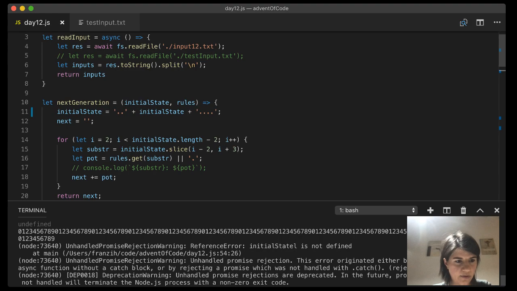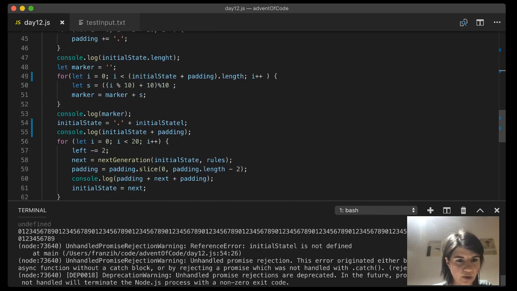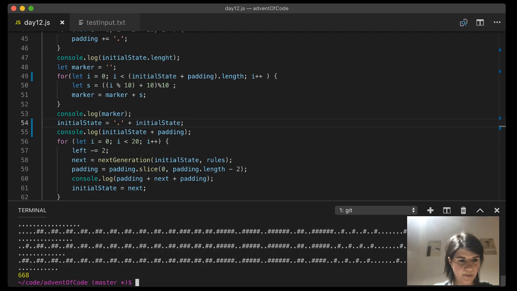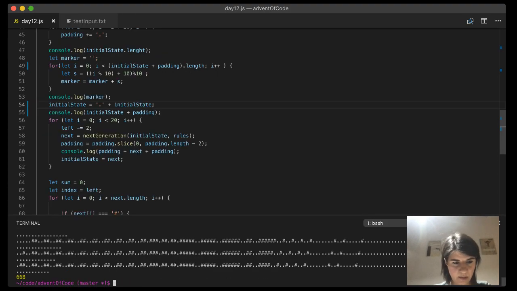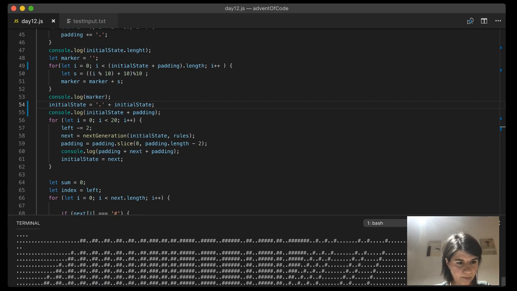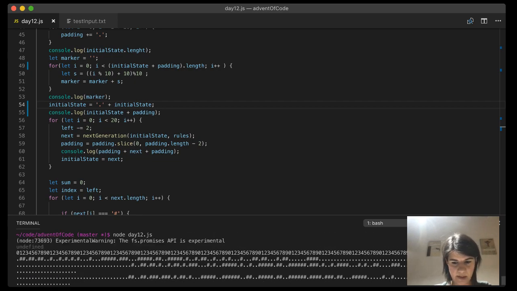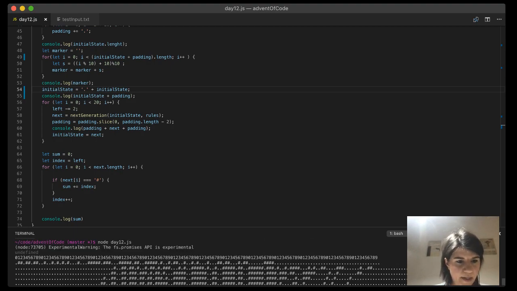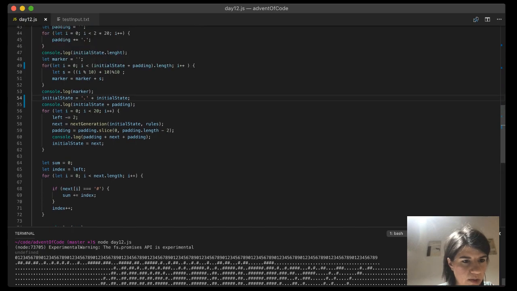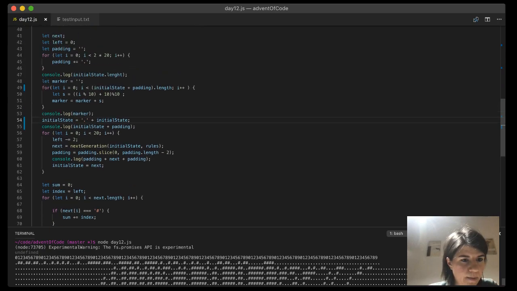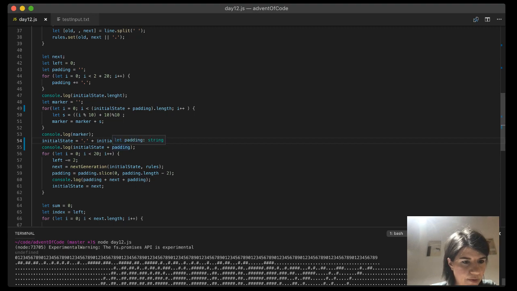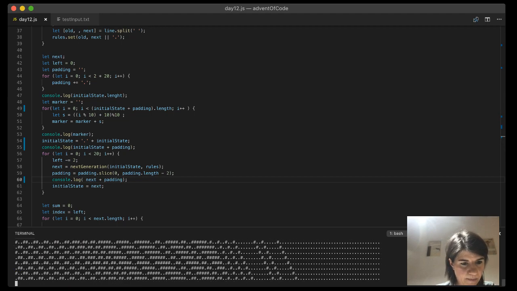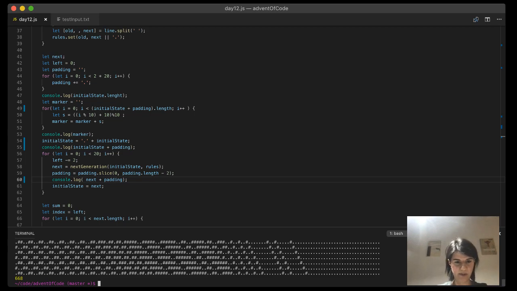Initial state not found in line 54. Initial state. That's just a little bit too big. And looks like I'm cutting off something here. Oh, and then I'm adding the 20 to it. So for every generation, I just want to print next and the padding on the right. Perfect, I like this.